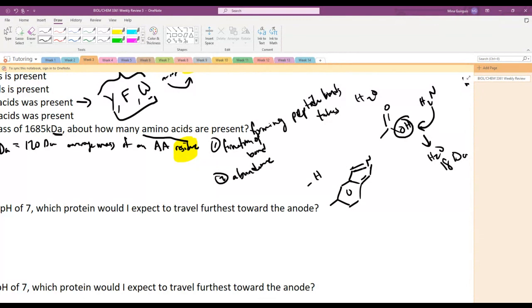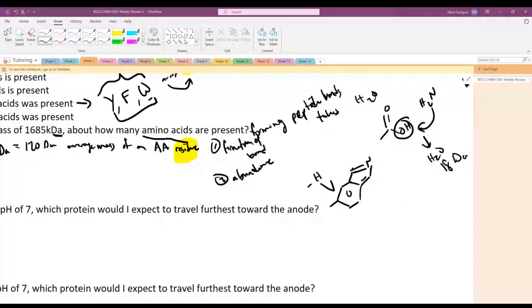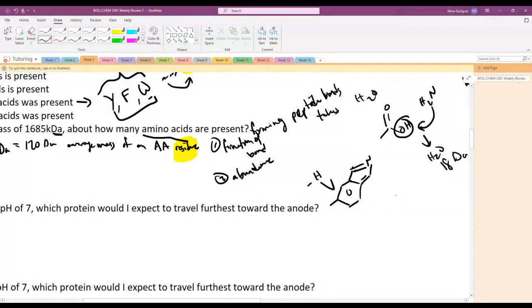But the reality is, when we consider percent abundance, glycine is more common than tryptophan. Alanine is more common than phenylalanine. Whatever the case may be, these larger, bulkier, heavier amino acids tend to be found less abundantly, which makes sense because they take a lot more work to make. I want to think of the perfect way to phrase this because it's very easy to make a mistake on it.